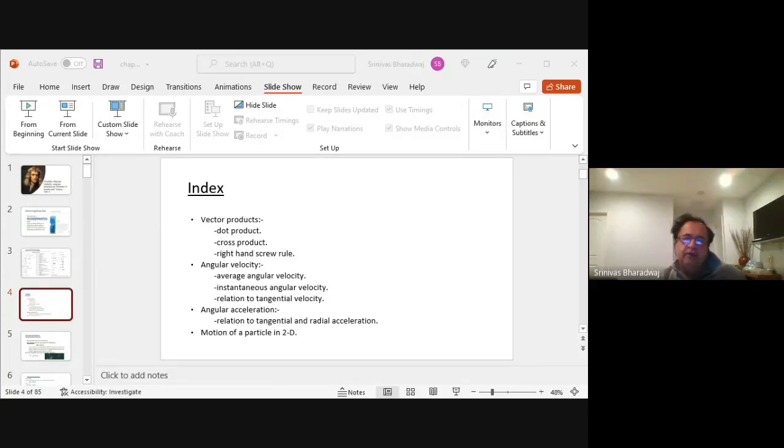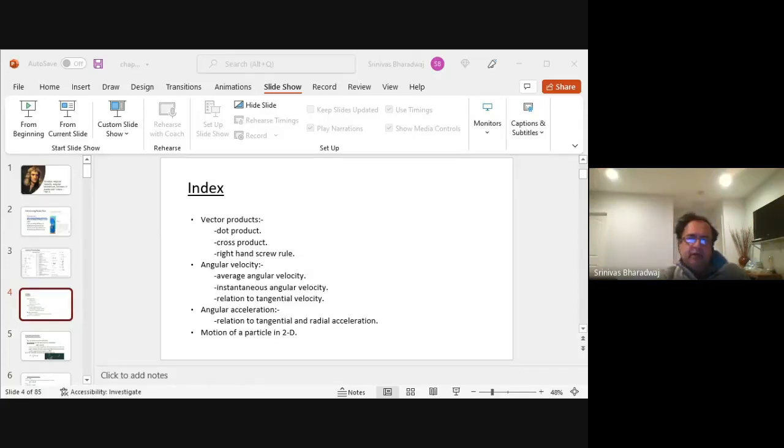If A is this way and B is that way, the cross product will produce a vector which is that way.